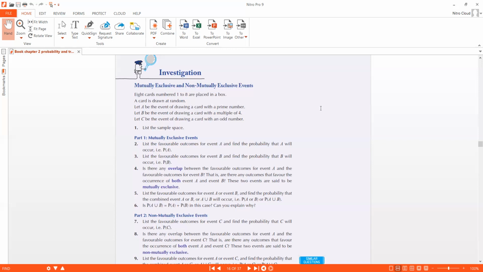Green are 5, brown are 6, yellow are 9, so 5 plus 6 is 11, and 9 more makes 20. What is the probability of taking yellow out of the total? 9 out of 20.